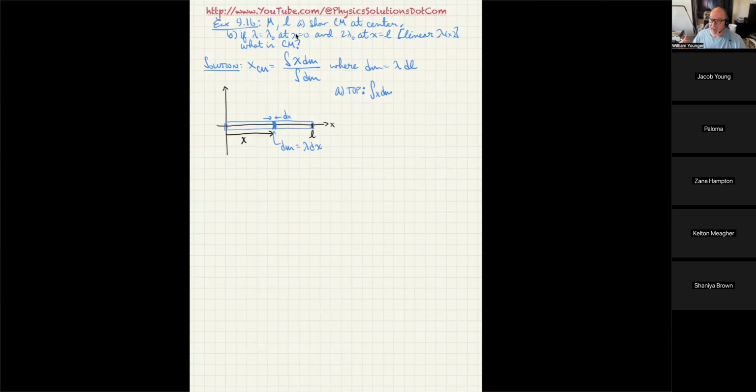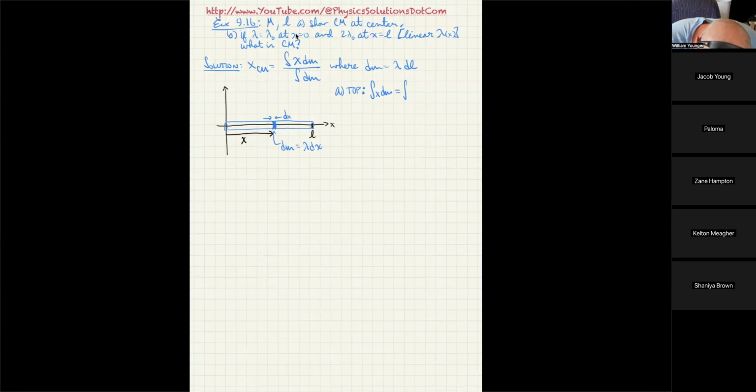In the integral, x is the distance from the coordinate origin of that particular axis up to the dm.